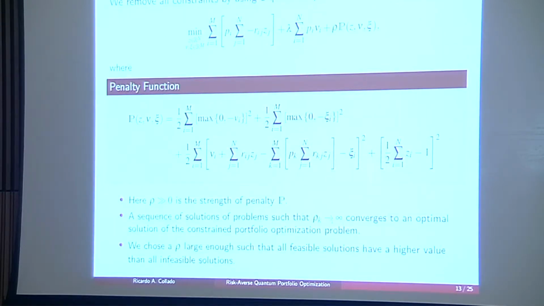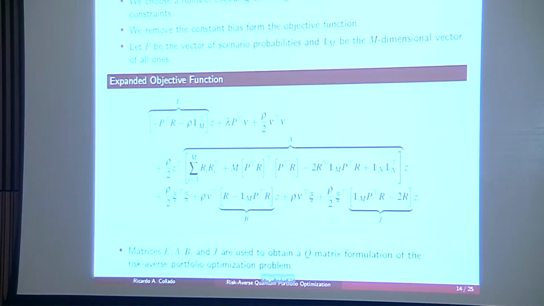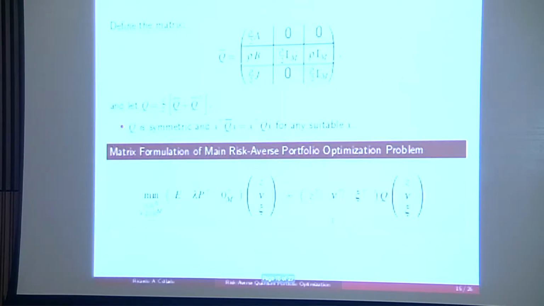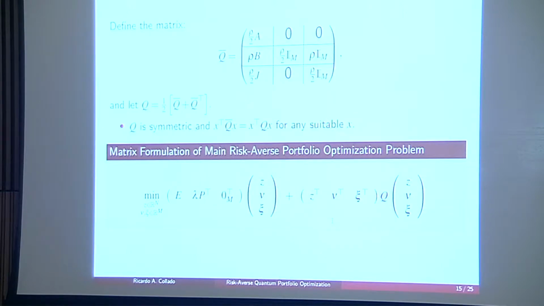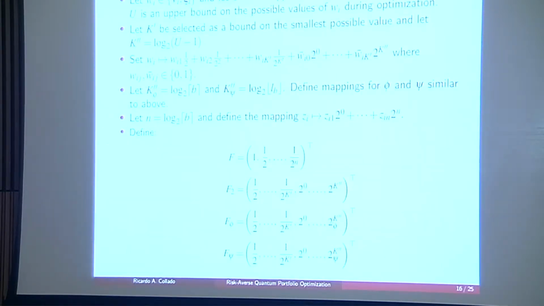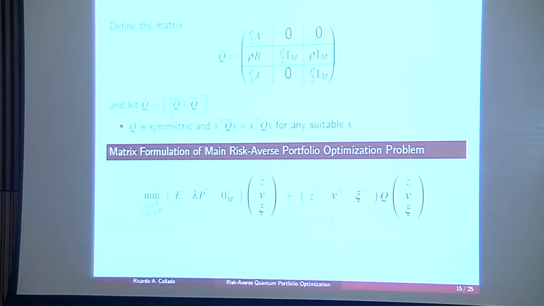We have to remove the constraints, so we move the constraints to the objective function via penalty functions. This is classic stuff. And then we analyze the objective function with the penalty function, which gets very complex, and we simplify a little bit. We create these matrices. And the end result is that we can say, OK, our problem looks like this.